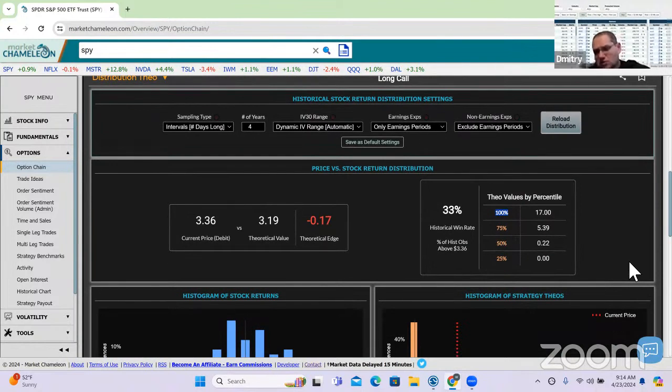And historically, if I translated what this option historically, if we sorted it from highs to lows, it says that the top move, based on the top move, the max move, this option would be worth $17.